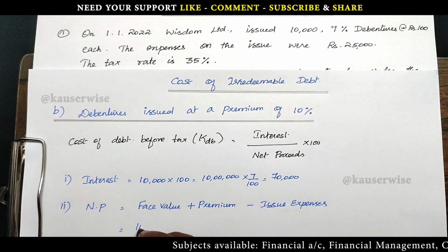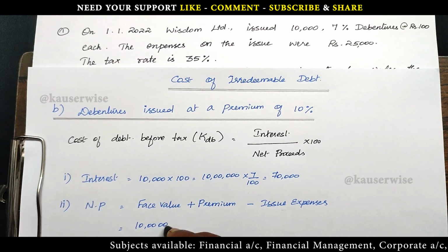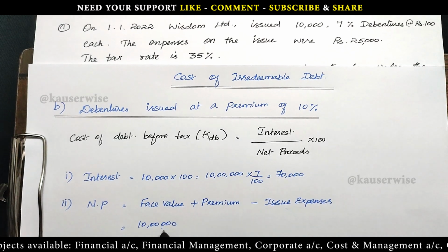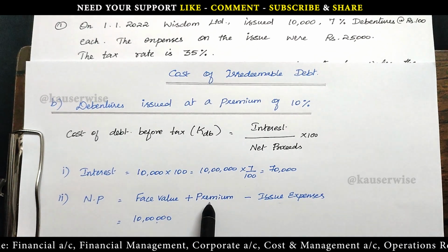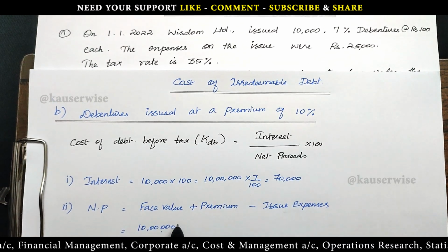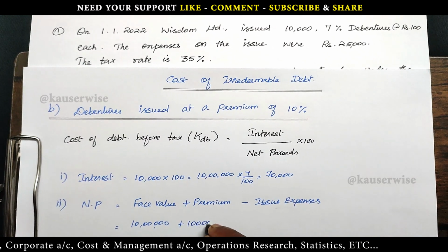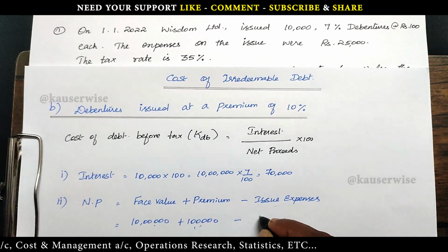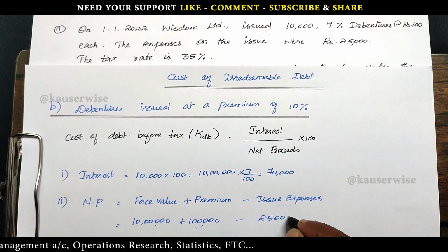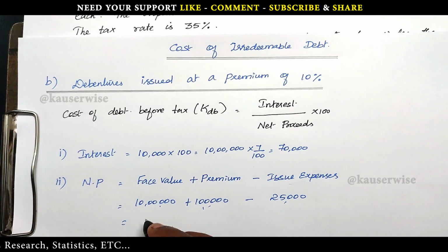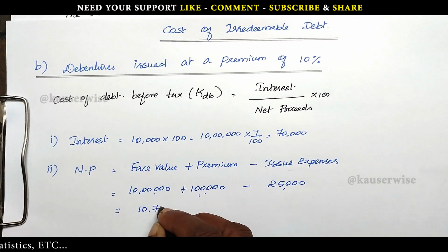So face value 10 lakhs, that is 10,000 debentures at 100 rupees each. This is face value plus premium, 10% on 10 lakhs, 1 lakh, minus issue expenses 25,000. So what is the answer? 11 lakh minus 25,000, 10 lakh 75,000.